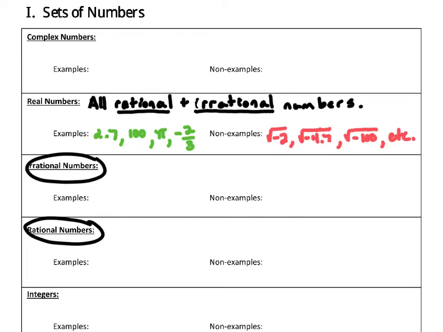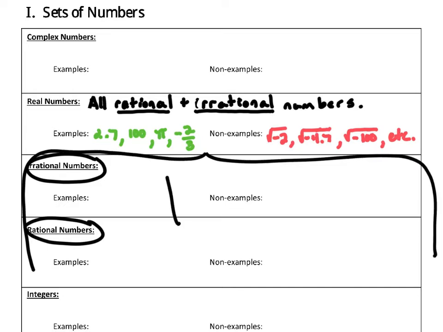And if you look closely, you may be seeing this pattern that all of the numbers that fall below real numbers on this list are all considered real numbers. So if you look in green, I have a few examples there, and in red, I have some examples of what wouldn't be a real number.